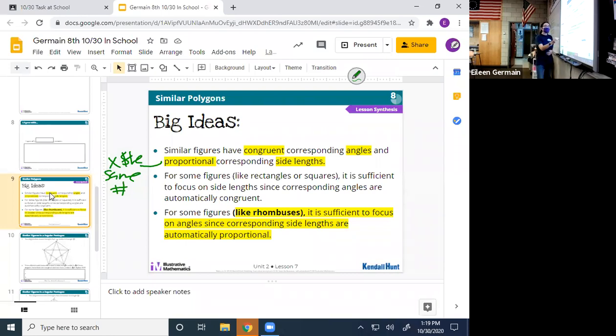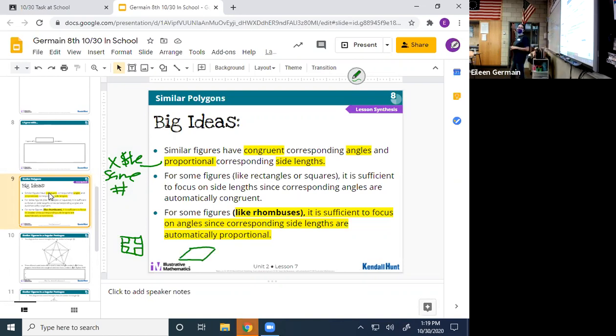Because when you're looking at a square, you can always say that it's going to be 4 90-degree angles. So you can say that those angles are the same, and then you just need to look at, are those side lengths proportional? The opposite is also true. When you have a rhombus, remember a rhombus is like a square where all the side lengths are the same.